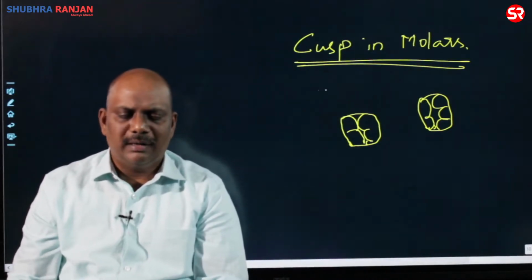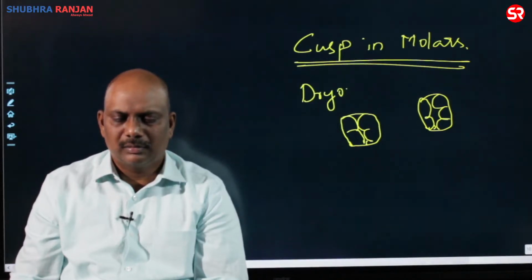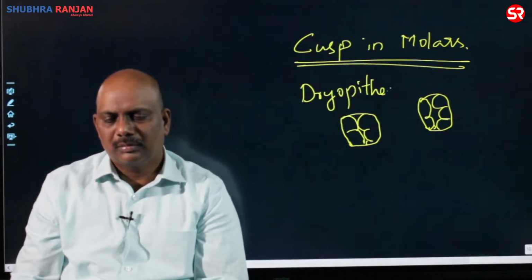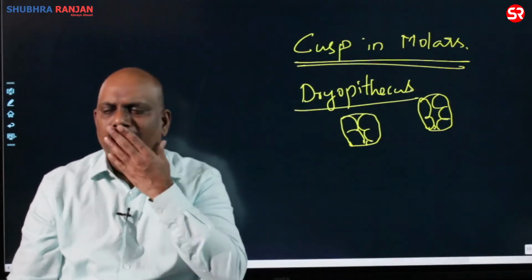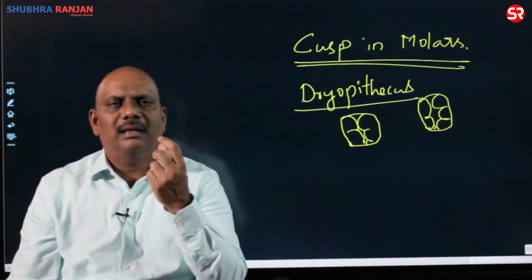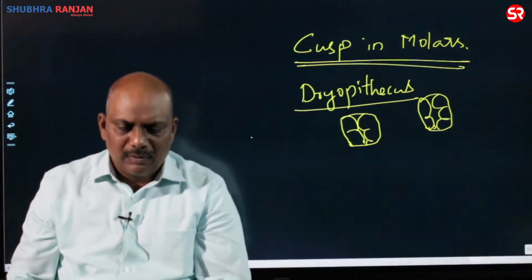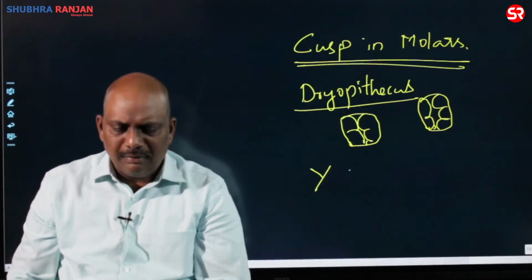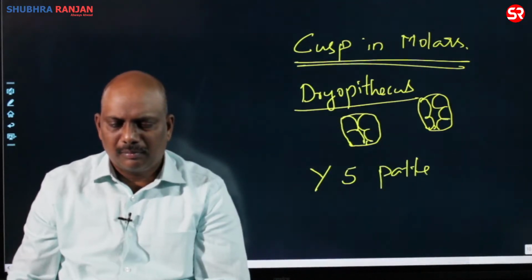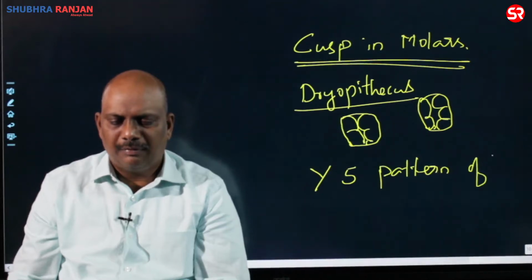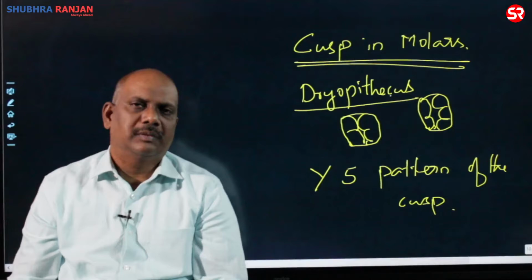there is one important genus called Dryopithecus. This Dryopithecus is a primitive ape, and the very important and prominent character of the molars of Dryopithecus is the Y5 pattern of the cusp.